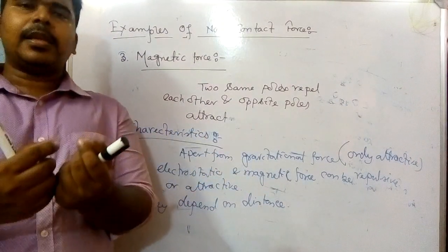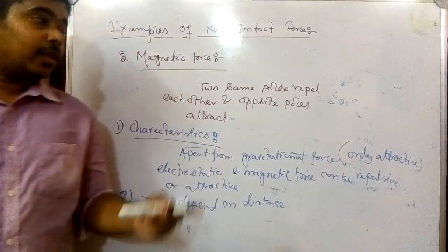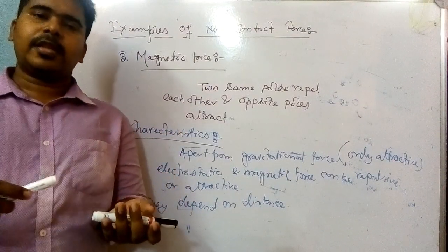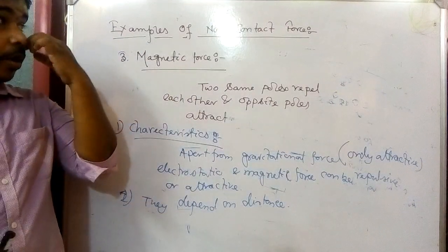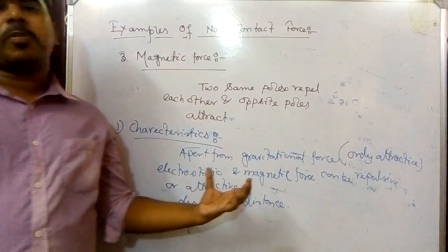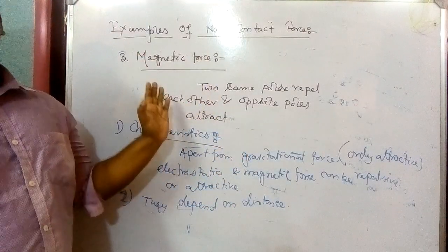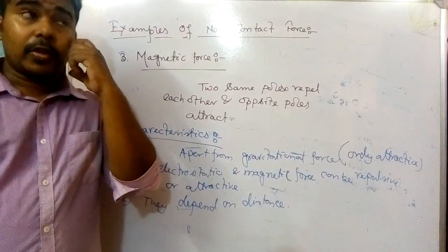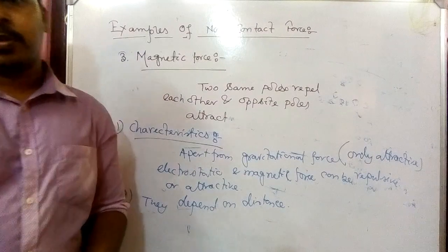If you decrease the distance, then the force will be more. So for the case of non-contact forces, distance plays a vital role. If you increase it, the force will decrease. If you decrease it, the force will increase. So that is the whole story of the examples of non-contact force.